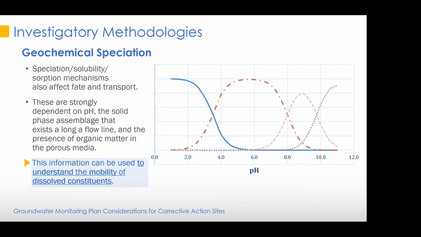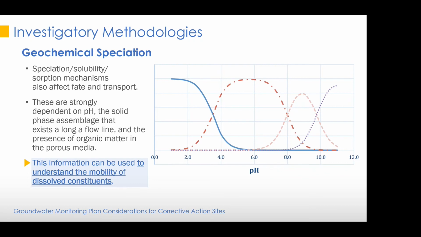A third thing you can look at is geochemical speciation. This shows pH on the x-axis, and it shows percent of a metal carbonate species on the y-axis. And so the blue diamond shows at low pH, the metal is predominant. The red dashed curve line shows at intermediate pH, a bicarbonate species is predominant. And the beige colored dashes show that at high pHs, the carbonate species is predominant.